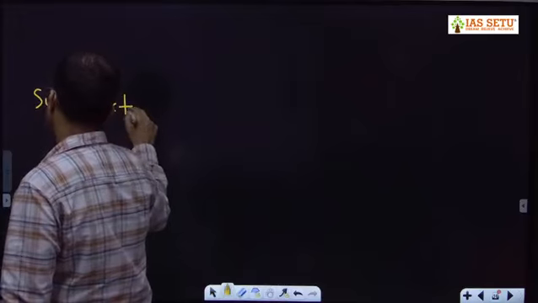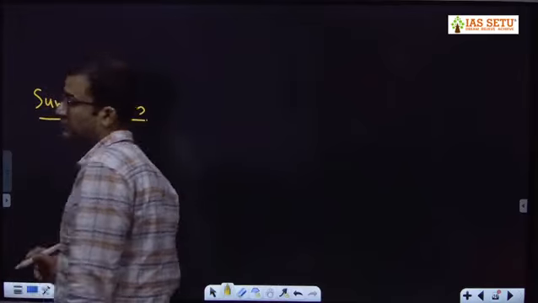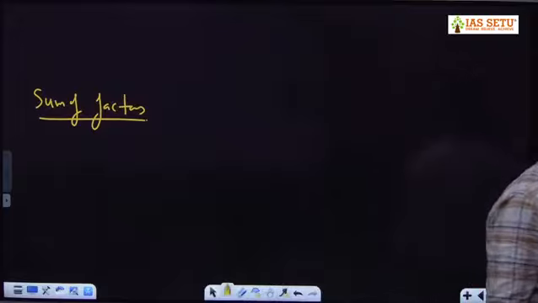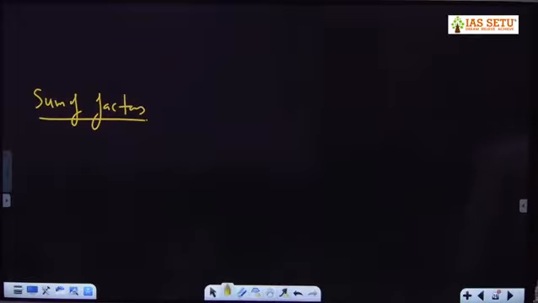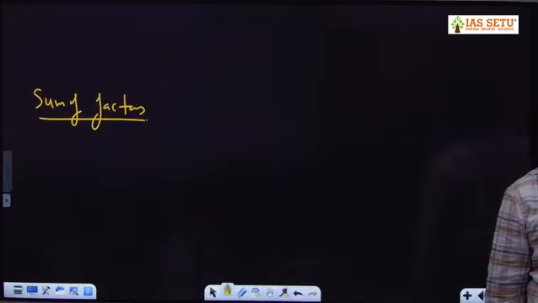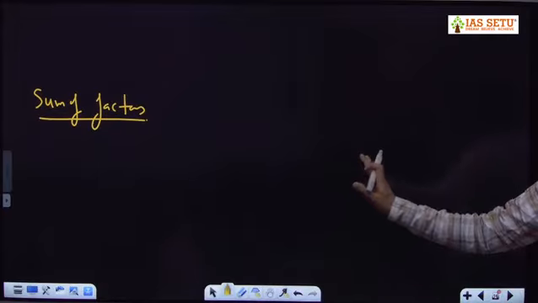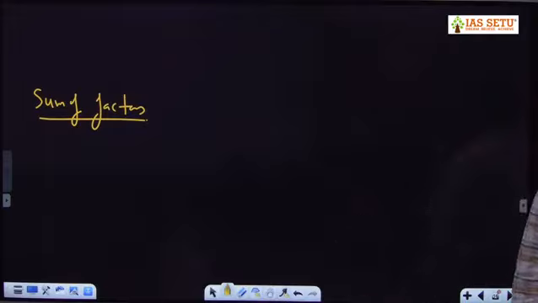Now next you put heading sum of factors. For this sum of factors, there are 3 methods or more than 3 methods, but I tell you the best method. एक तो method है manually, but that is going to be time consuming.